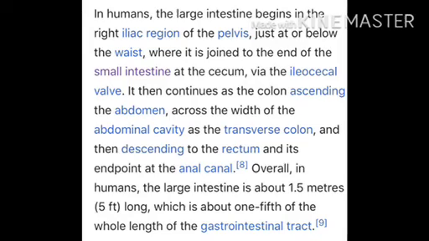It then continues as the colon ascending the abdomen, across the width of the abdominal cavity as the transverse colon, and then descending to the rectum and its endpoint at the anal canal. Overall, in humans, the large intestine is about 1.5 meters long, which is about one fifth of the whole length of the gastrointestinal tract.